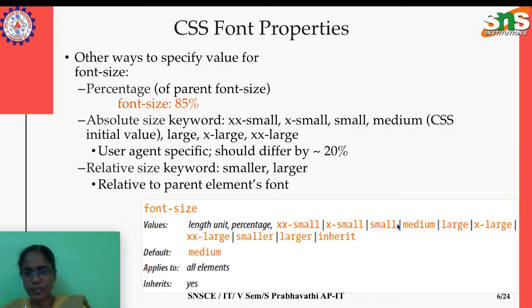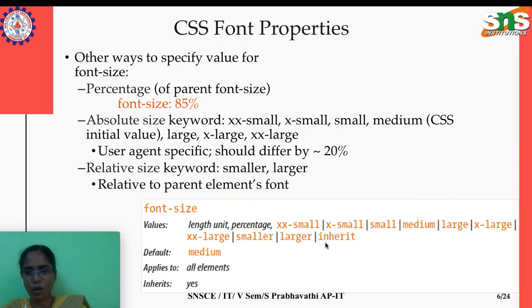Apart from that, these are the relative and absolute keyword sizes. Absolute size keywords are all these keywords: XX-small, X-small, small, medium, large, and so on. Relative size means smaller and larger.